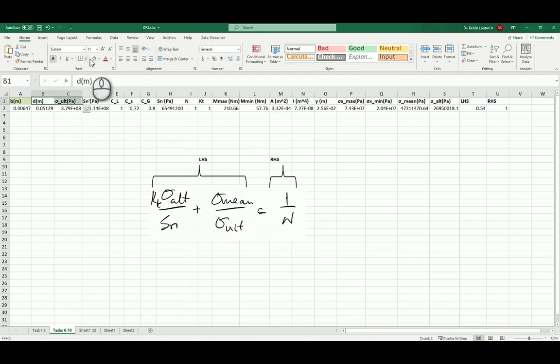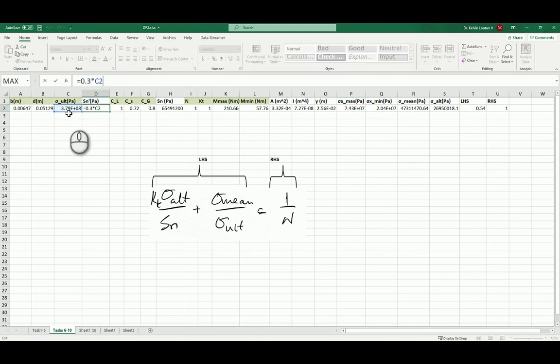Input, input, input. Right, so what is shaded green here are your inputs.